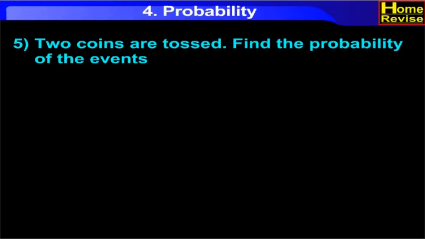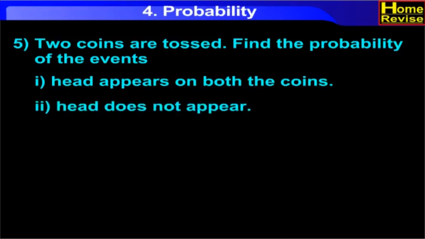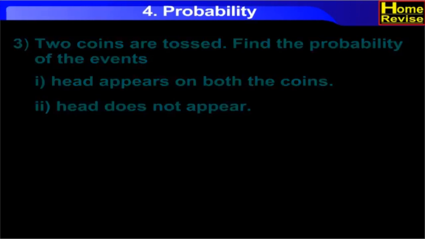Two coins are tossed. Find the probability of the events. Number 1. Head appears on both the coins. And number 2. Head does not appear. Solution.